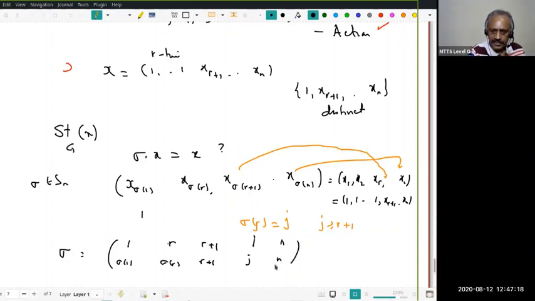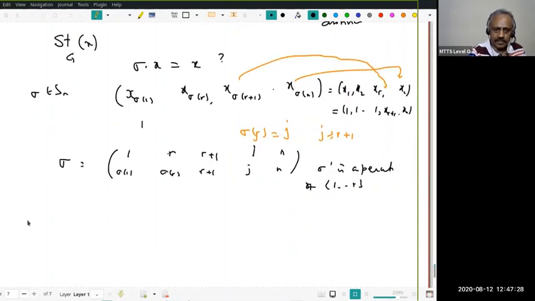That is, sigma is actually a permutation of 1 to r alone. Notice that if sigma permutes only the first r symbols, then it does not matter. Sigma 1 will also be 1, sigma r also will be 1. You understand that? Therefore, each such sigma will have the property sigma dot x equal to x.